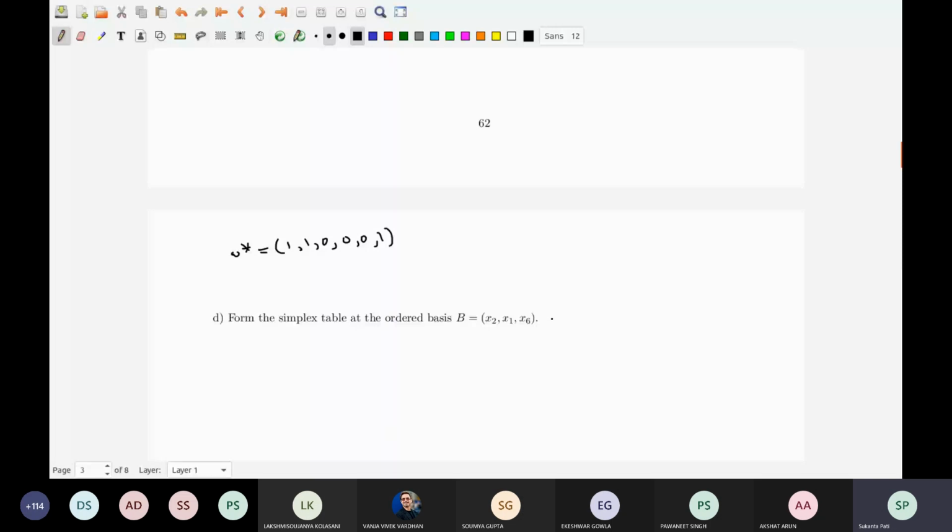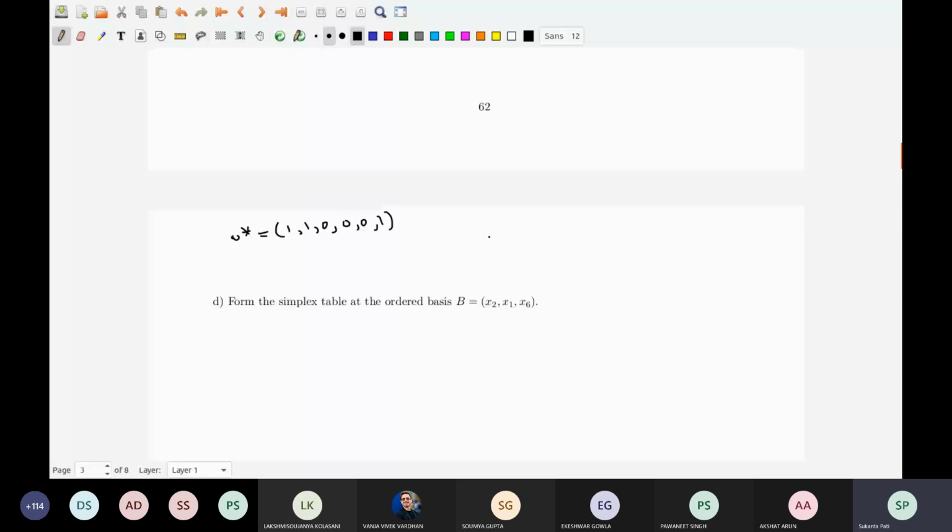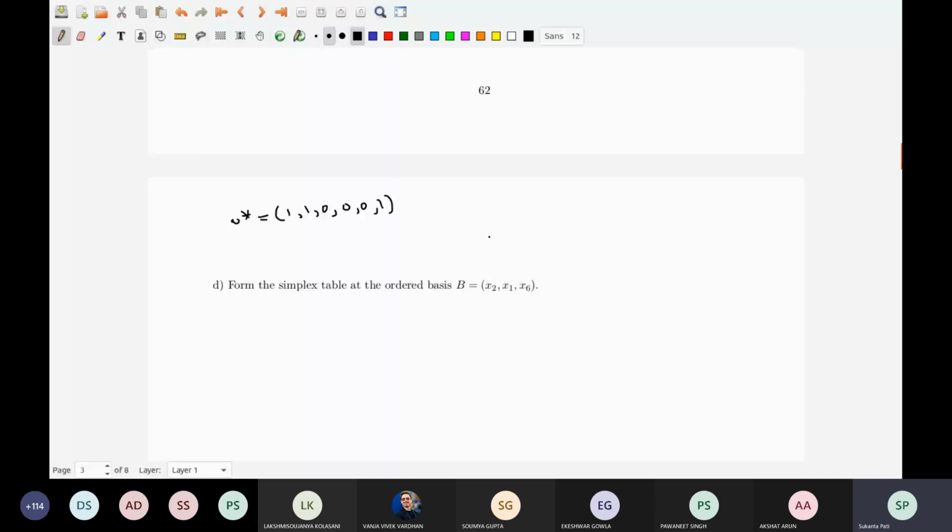And so for that, you first write down the problem table. What was the problem table? Now the problem table was the following: BV, x1, x2, x3, x4, x5, x6, B. This was the problem table I am trying to write.